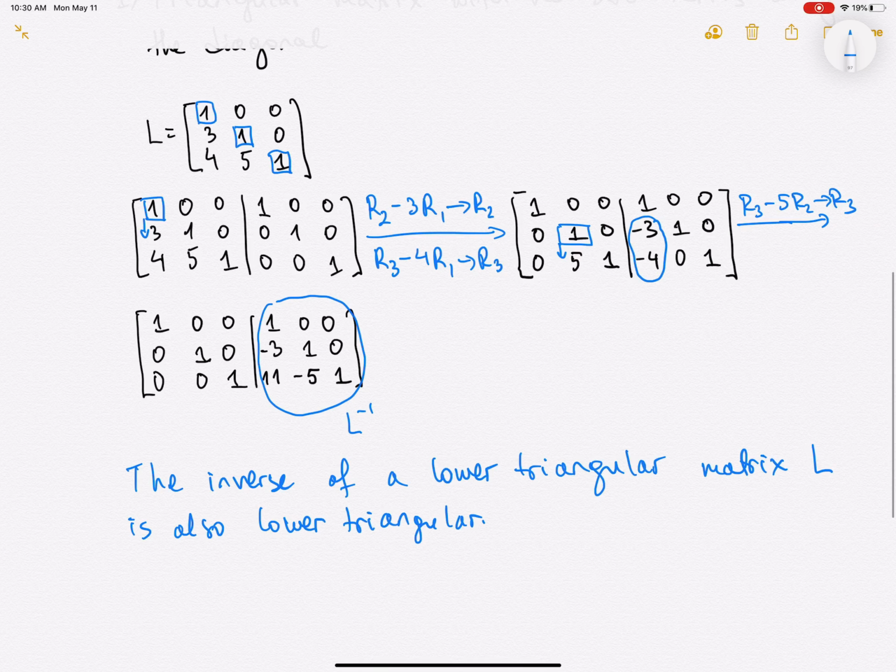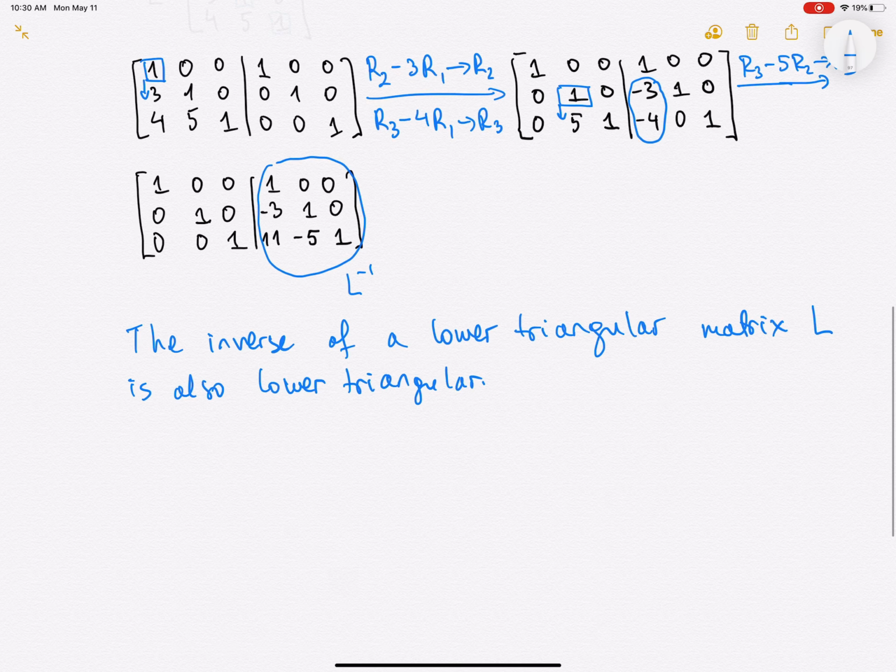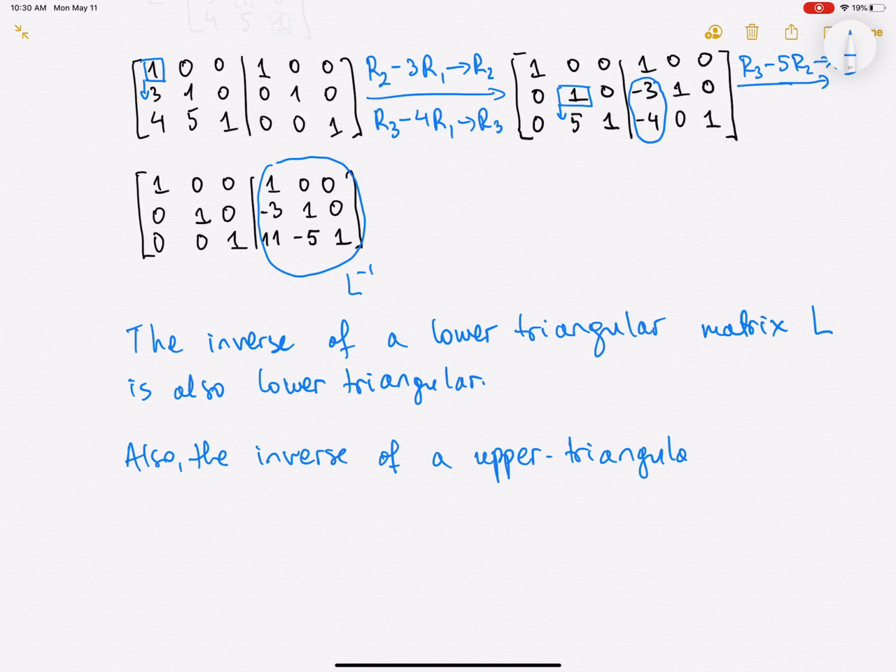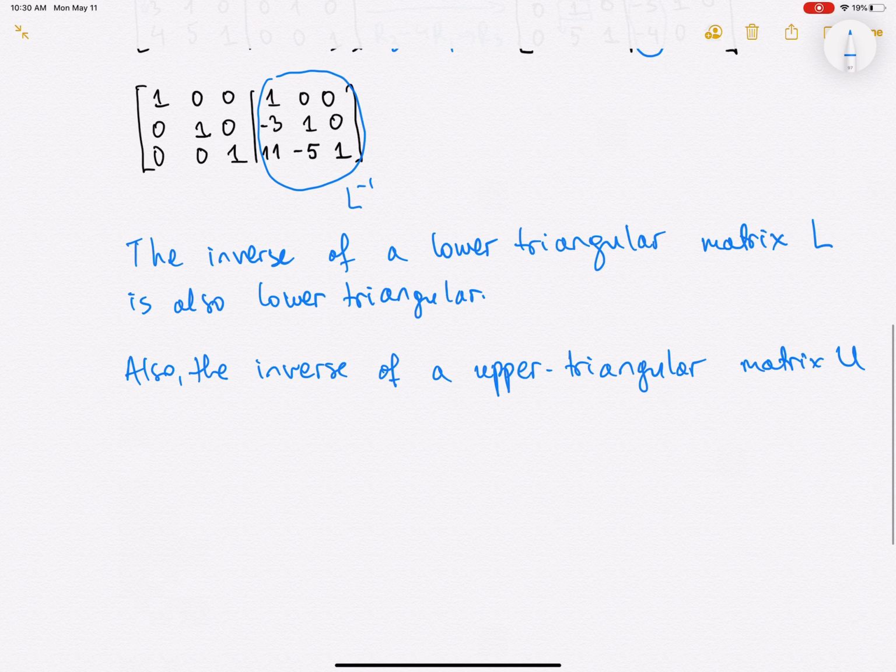And as you might imagine, the inverse of an upper triangular matrix U, for example, is also upper triangular.